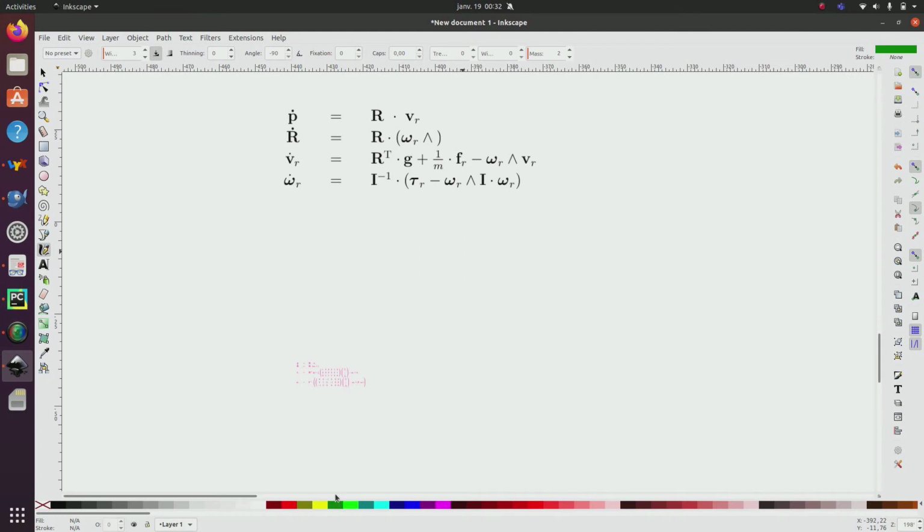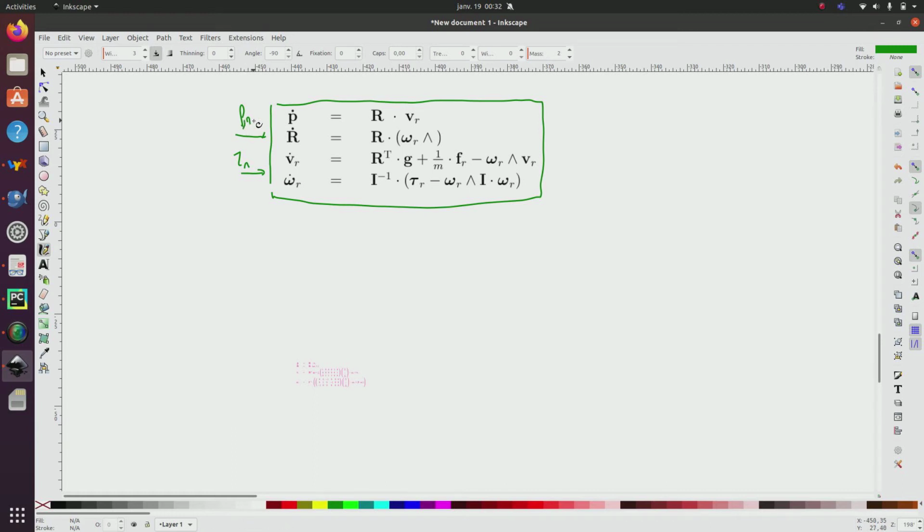The state equation for a 3D body is given by this. So the inputs are the resultant Fr and the torque Tr expressed in the body frame.